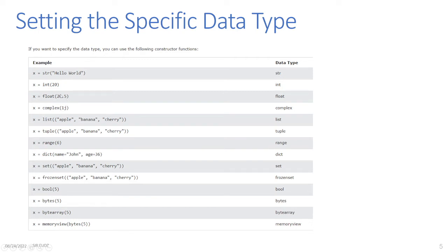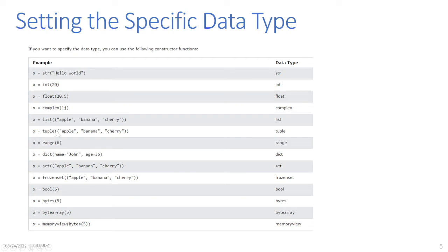If we just use 20 and then use float, it will become a float value, not an integer. x equals complex 1j. x equals list, and then we have a list. Notice we did not use square brackets, but these items will be converted into a list because of this function.